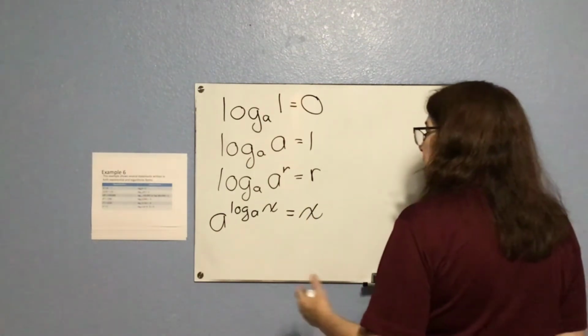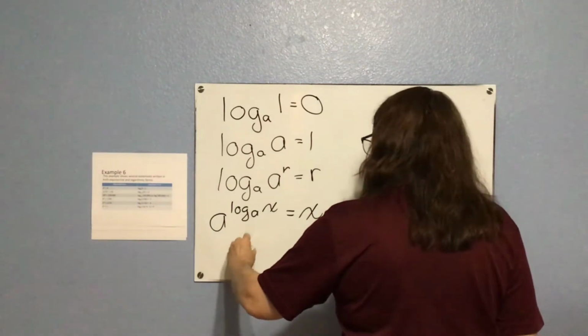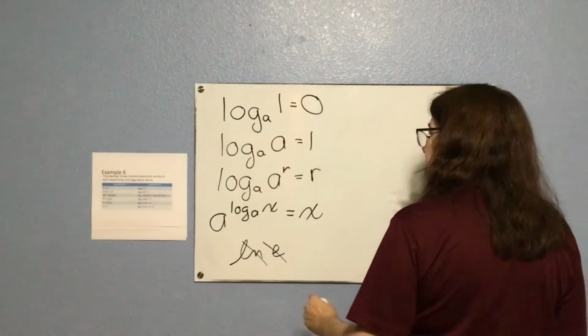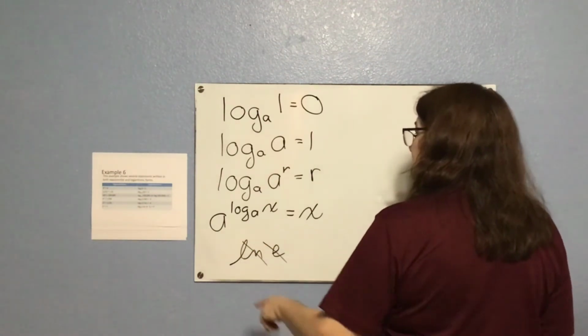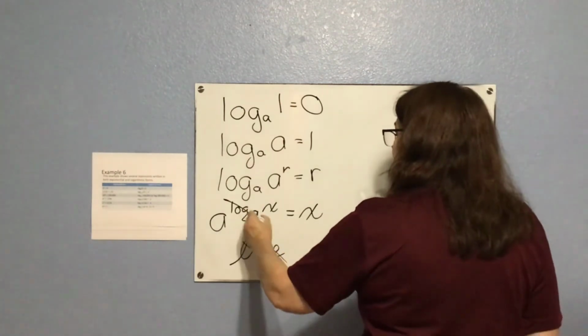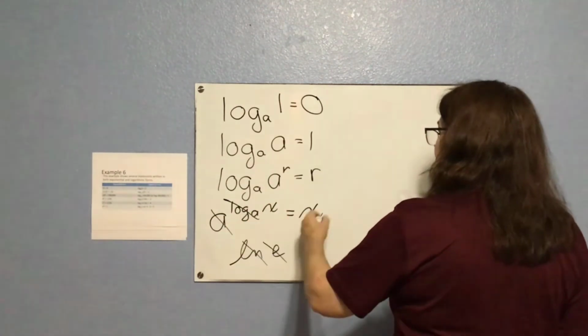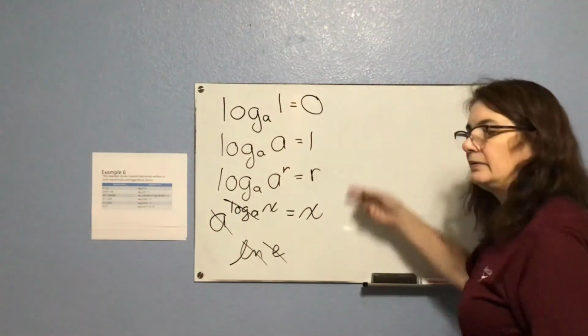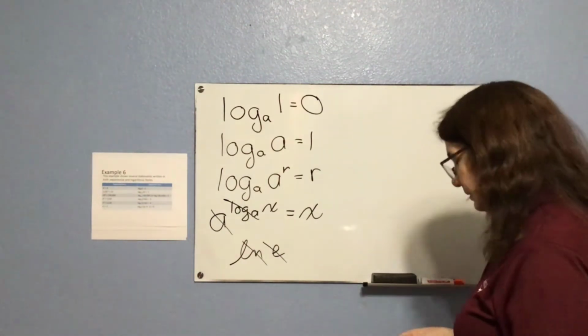So again, we saw earlier that natural log of e, these cancel each other out. If they're written this way, a raised to the log base a of x power, these cancel each other out and I get x equals x. Okay, so just some properties of logarithms to keep in mind.